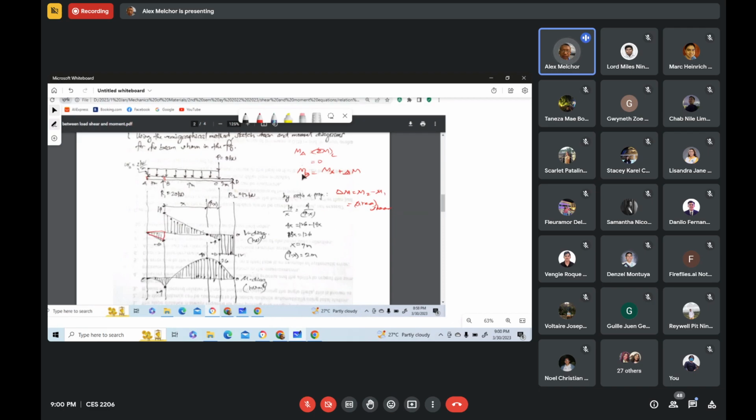It's a negative area. So this is equal to minus 1/2 times 3 times 6. This gives us negative 9, right? kN meters. So that's why you have here negative 9.